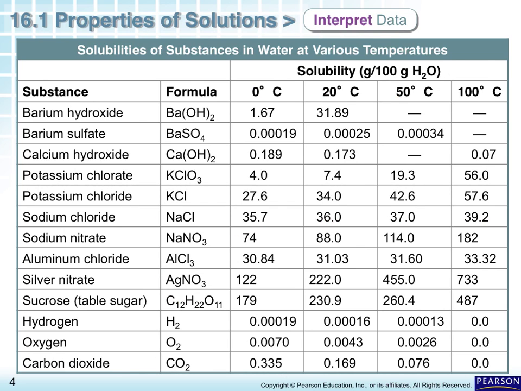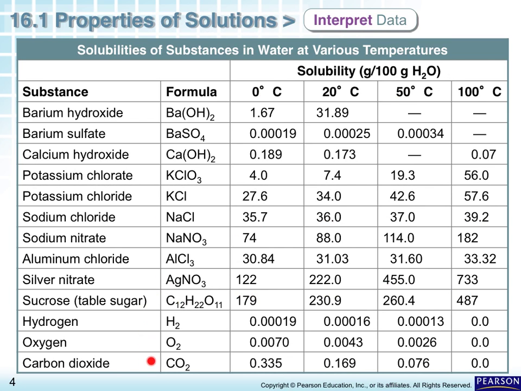We can see that some increase a more significant amount. For example, silver nitrate goes from 122 grams to 222 all the way up to 733 grams at 100 degrees Celsius. So we get a significant difference in how much solubility changes.